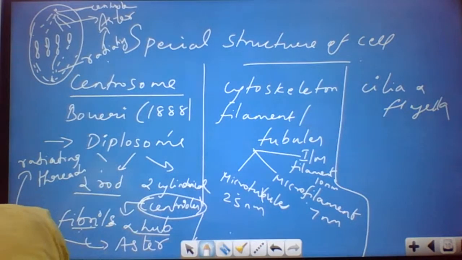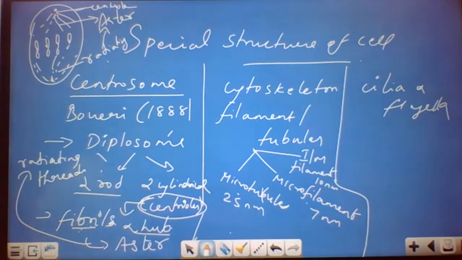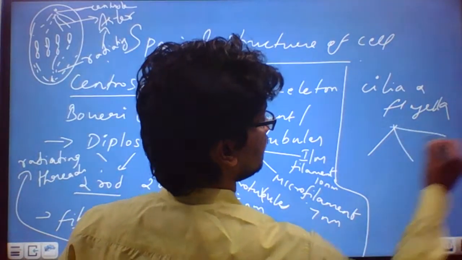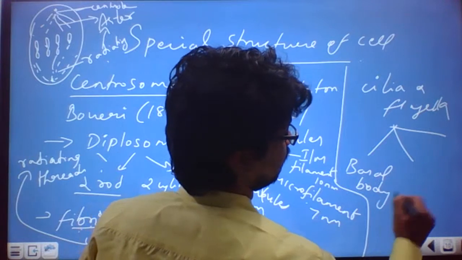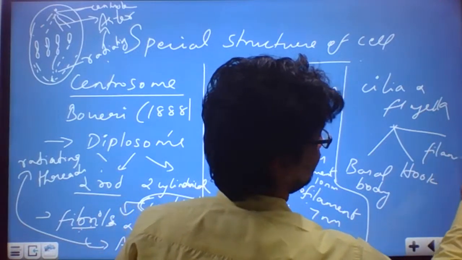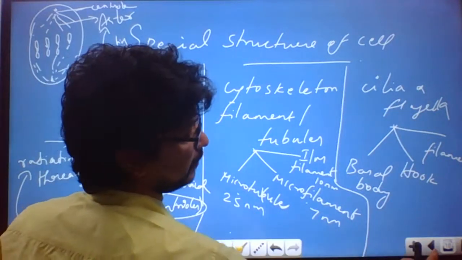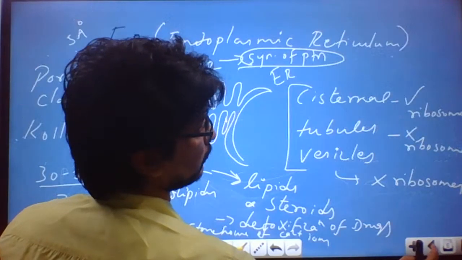Coming to the next part, cilia and flagella. Cilia and flagella consist of three parts: basal body, hook, and filament. Now we'll see the diagrammatic representation of cilia, basal body, hook, and filament. That we'll see.